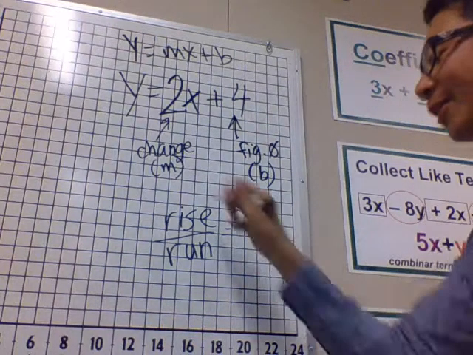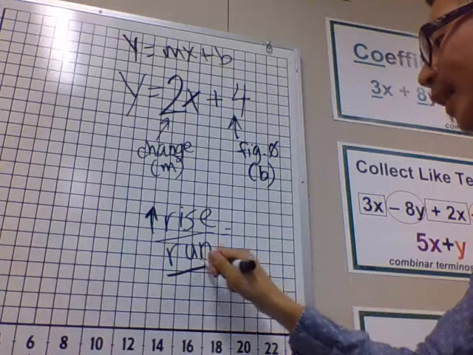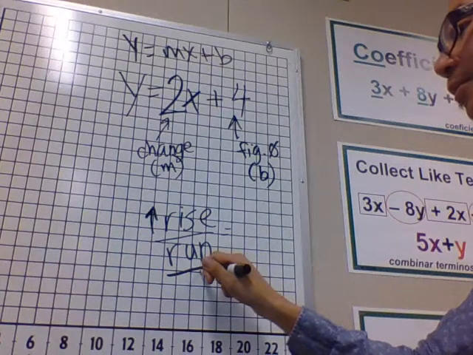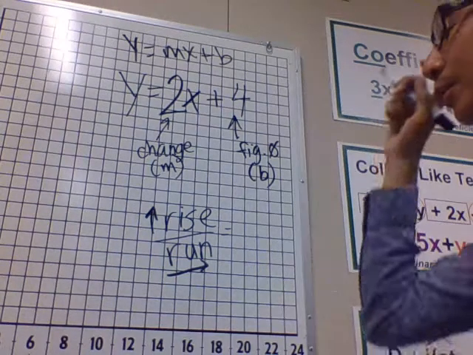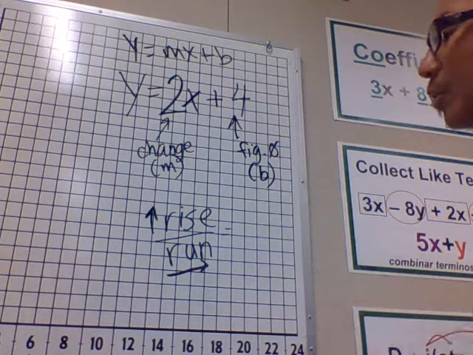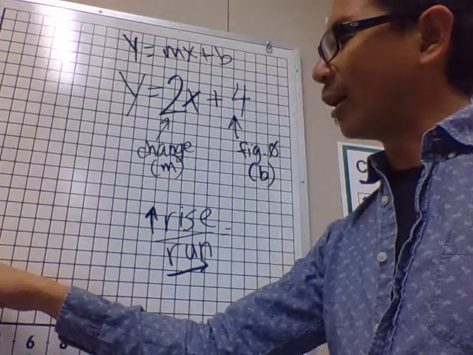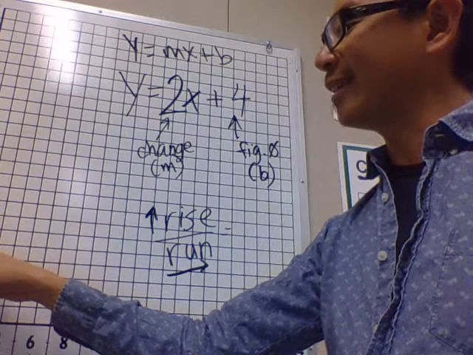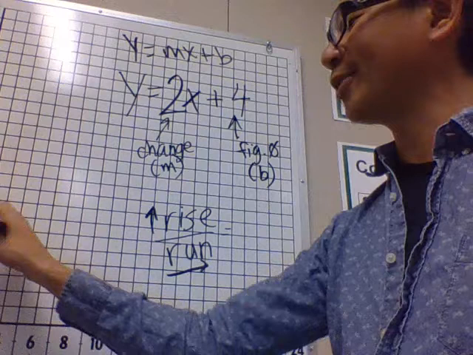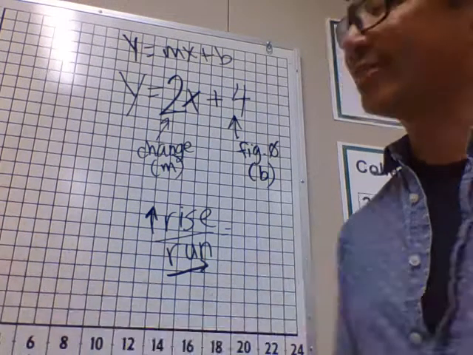So rise, up, run, across. So it changes by 2. So in figure 1, this is going to go up. 4 plus 2 is 6. And there it is. There's your second dot.